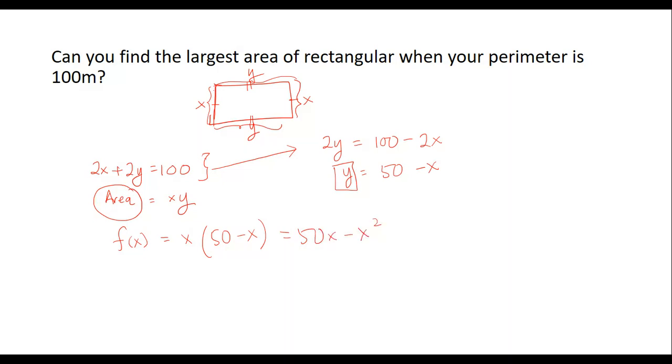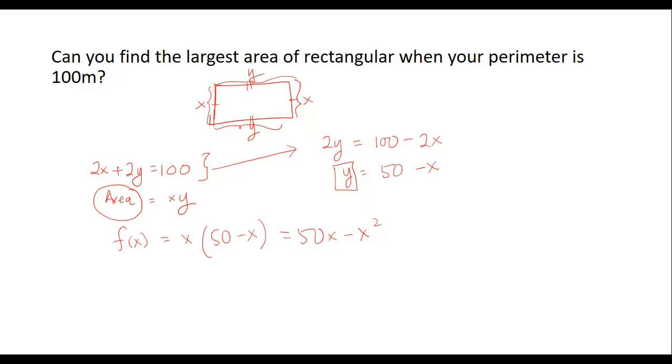So in this case, you can see I have a mathematical function right now. Once I have a mathematical function, that means I can utilize my knowledge of finding either a maximum or a minimum point, just by using my knowledge of differentiation. If this is my function, can I find the maximum or minimum point?